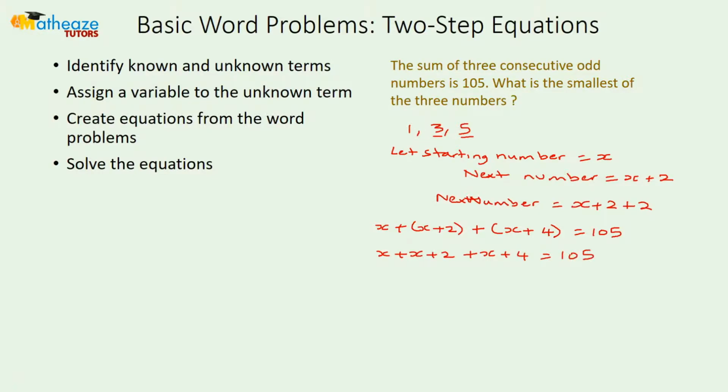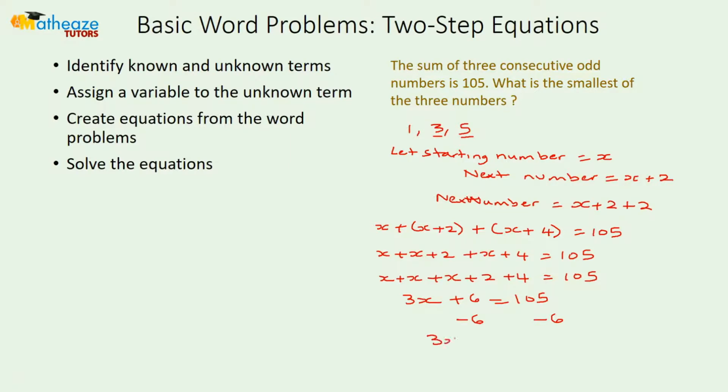So let's group common terms together. We have x plus x plus x plus 2 plus 4 equal to 105. So we now have 3x plus 6 is equal to 105. Now we're going to subtract 6 on both sides.